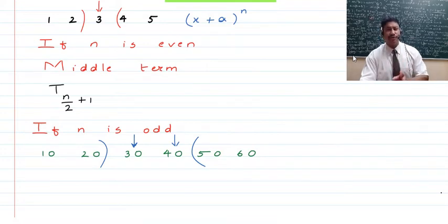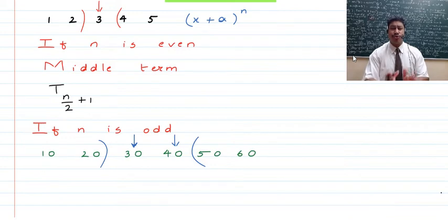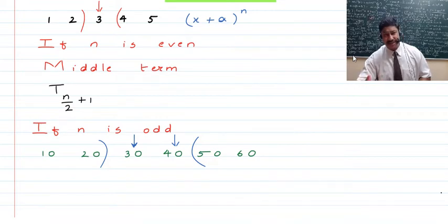So you will have to remove an equal number from the beginning, an equal number from the end, in order to get to two middle terms, right? So here, children, if say we remove 4 terms from the beginning, we remove 4 terms from the end, then we'll be left out with 2 terms at the center, which will be the 5th term and the 6th term, right? So these two will then become the middle terms.